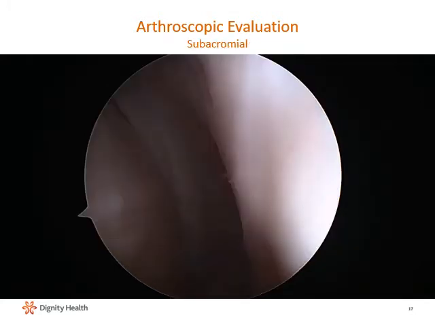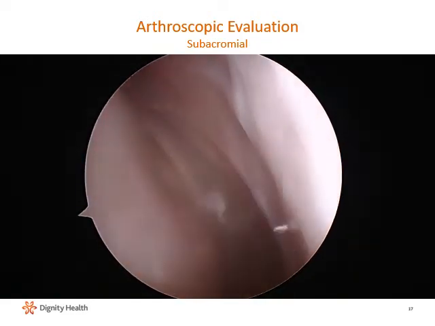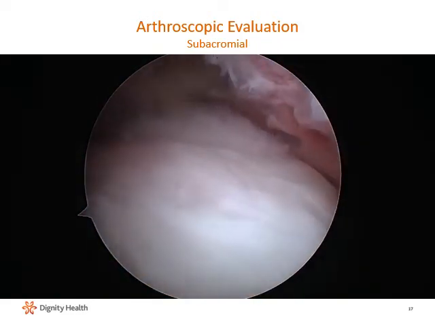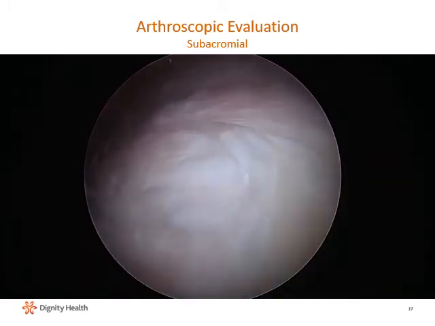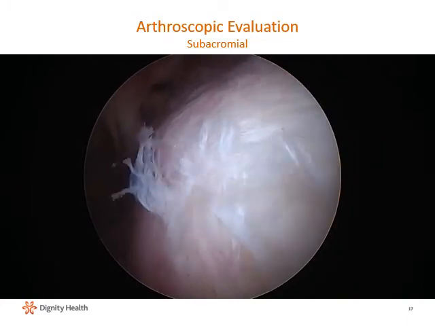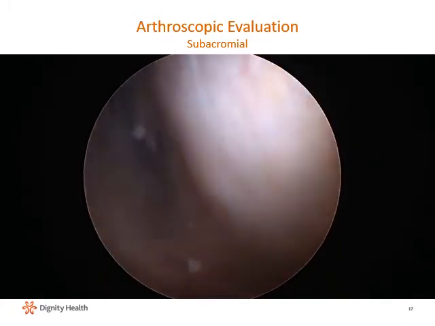Here is the subacromial space, so this is the space outside the joint. Basically what we're looking at is down on the top part of the rotator cuff. So this will be subscapularis in front to supraspinatus, and here you can see the partial tearing of the rotator cuff, infraspinatus, and then all the way down to teres minor.